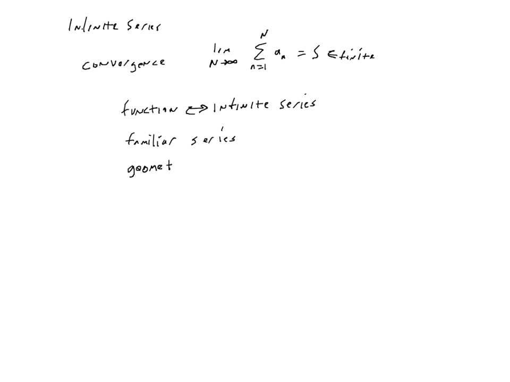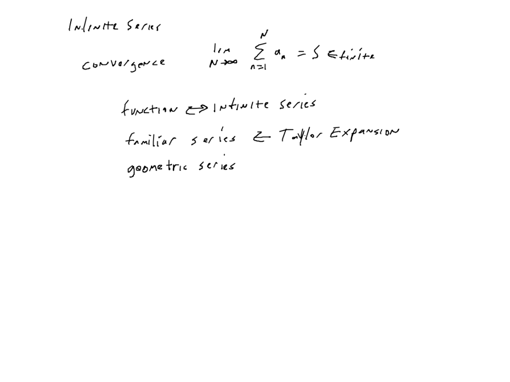And I think the geometric series is even more important than the familiar series, because the familiar series are basically products of Taylor expansion for the most part. You can get a lot of these from Taylor expanding something. You don't always have time to work out the Taylor expansion, but you get the idea.